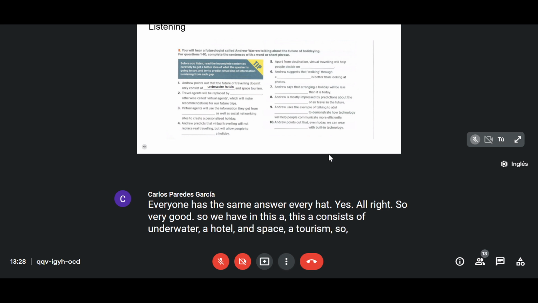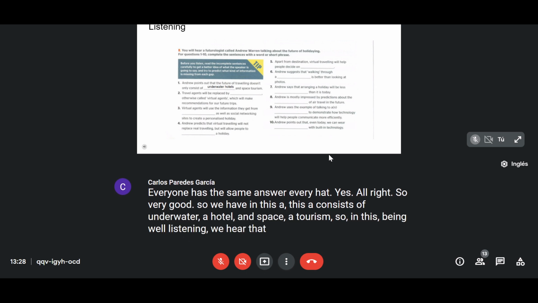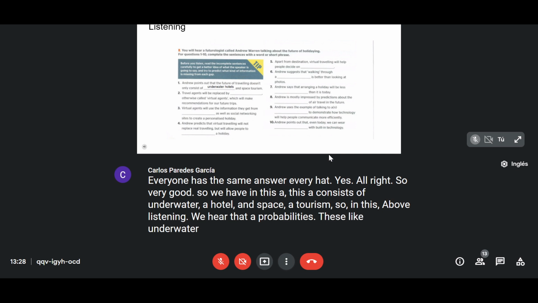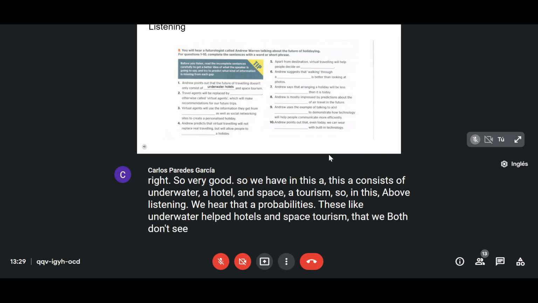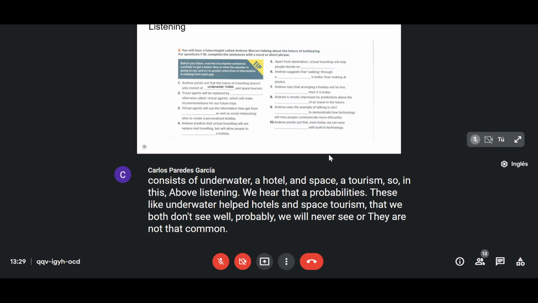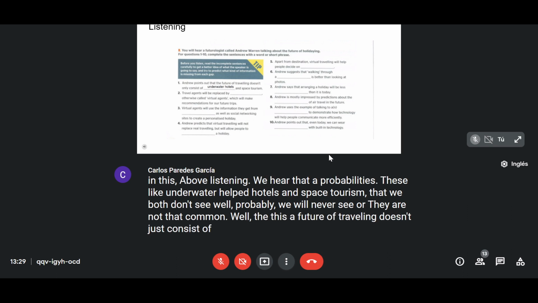In the listening, we hear that these underwater hotels and space tourism are things we don't see, or probably will never see, or they are not that common. Well, this future of traveling doesn't just consist of these parts.